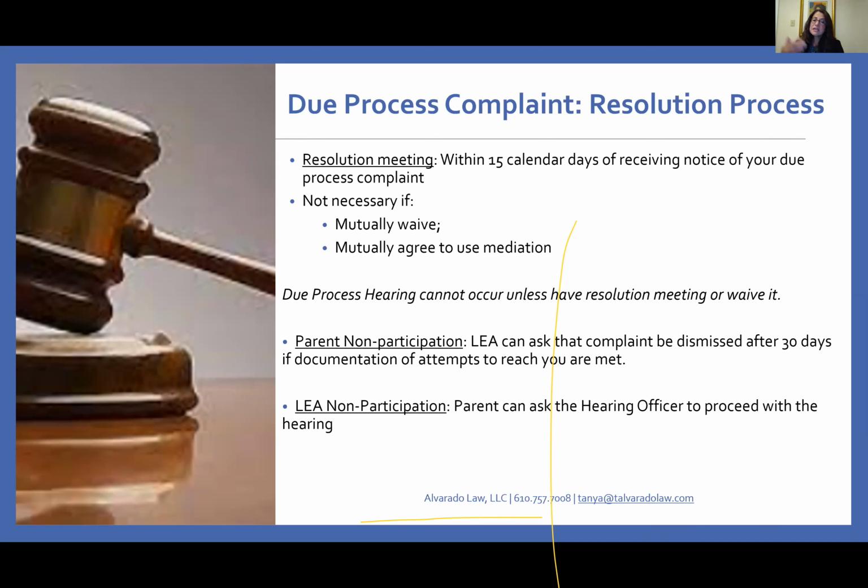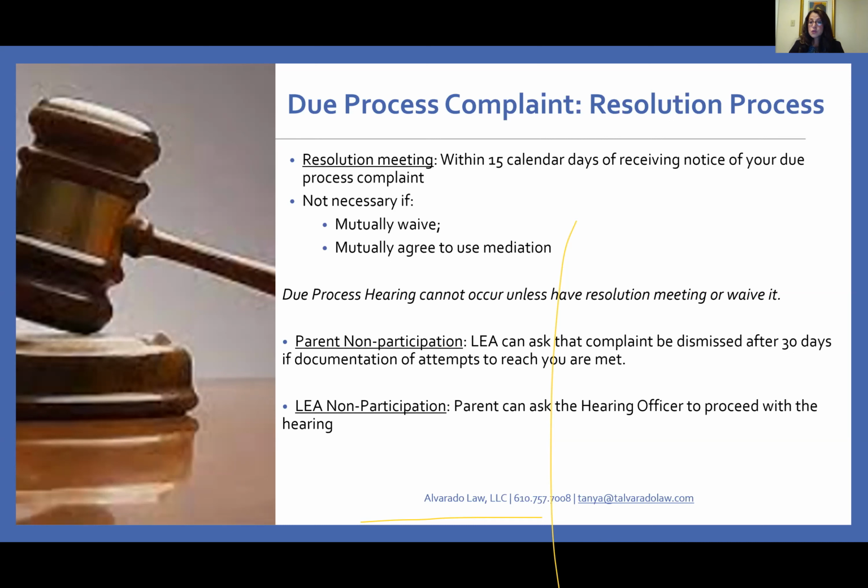So the due process hearing cannot occur until after the resolution meeting occurs, or after the waiver. If the parent does not participate in the resolution meeting and the LEA can demonstrate that they've tried to invite and reached out and tried to get this moving, the LEA can ask the hearing officer to dismiss the complaint because the parent didn't show up for the resolution meeting, they didn't respond, and after several attempts.